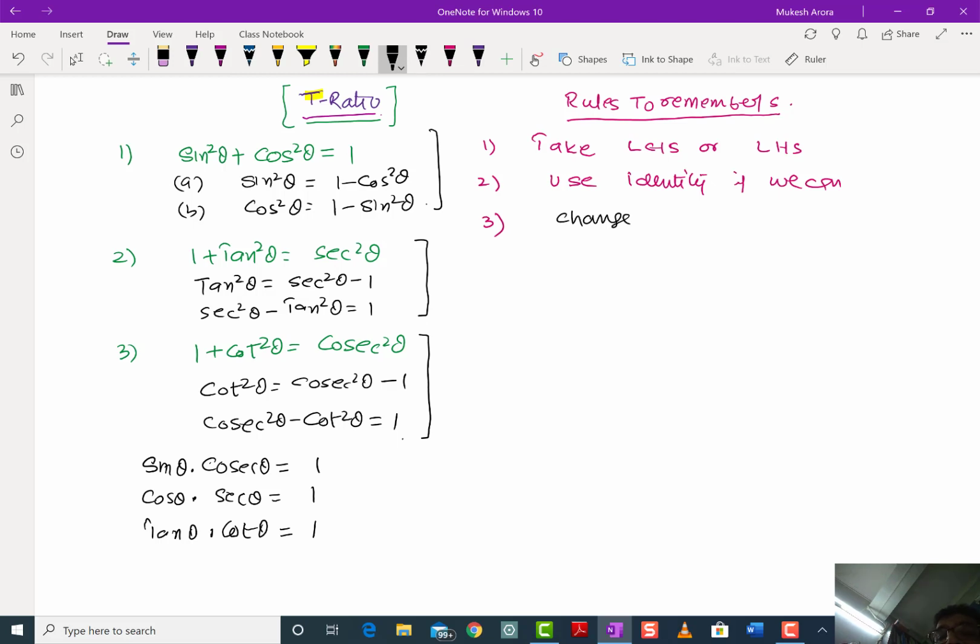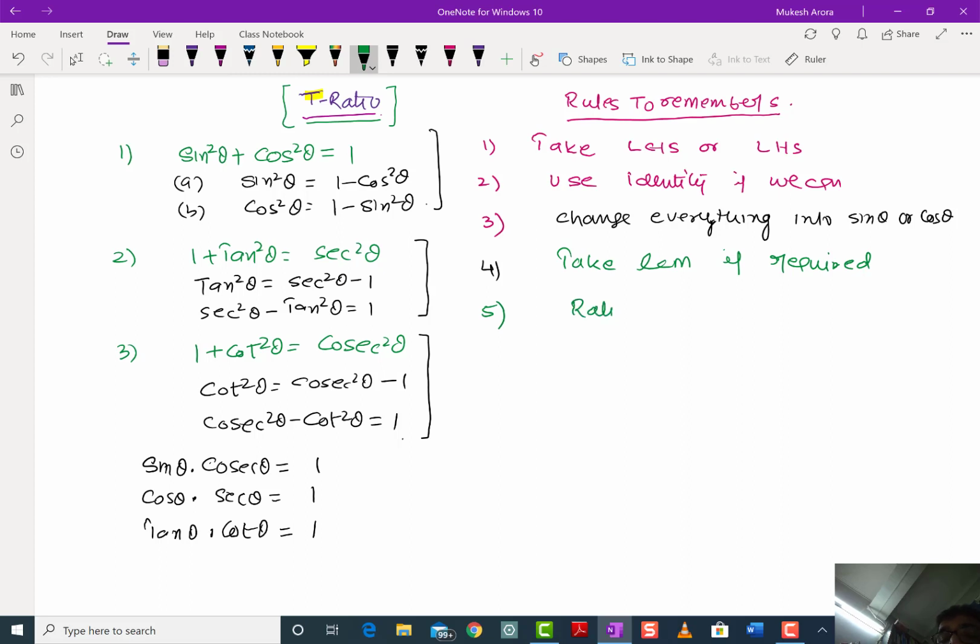If that is not there, change everything into sine theta or cos theta. Number 4 is take LCM if required. Fifth is, if none of these things is used, then rationalize when we have 1 only.